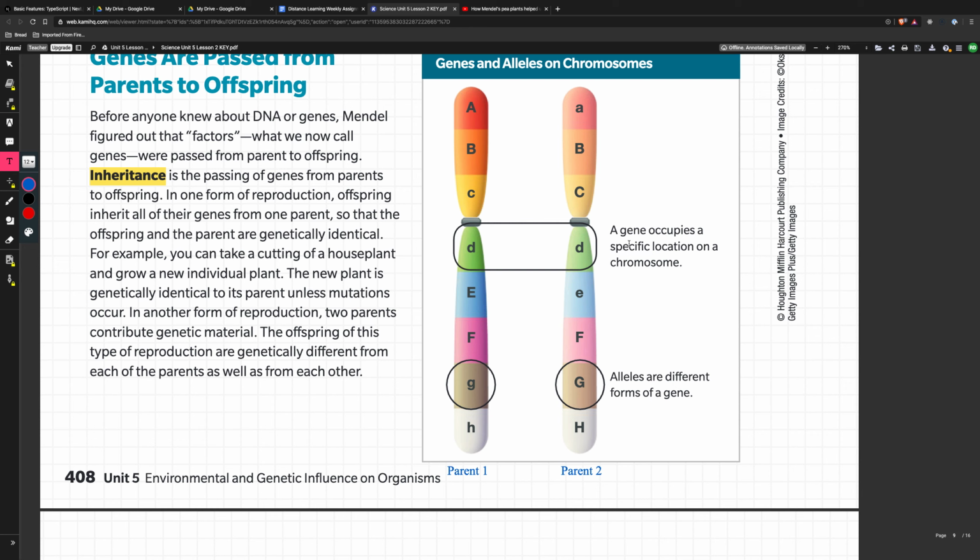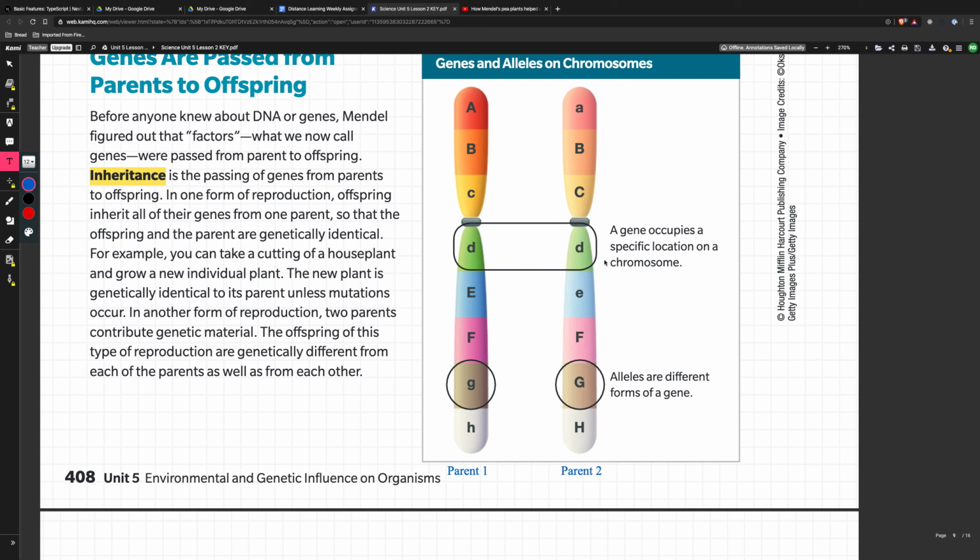So this says that a gene occupies a specific location on a chromosome. So this pair, this green color, this is considered to be a gene, and the alleles are different forms of that gene. So in this case, this gene has 2 lowercase d's, and they just use letters to differentiate these things.